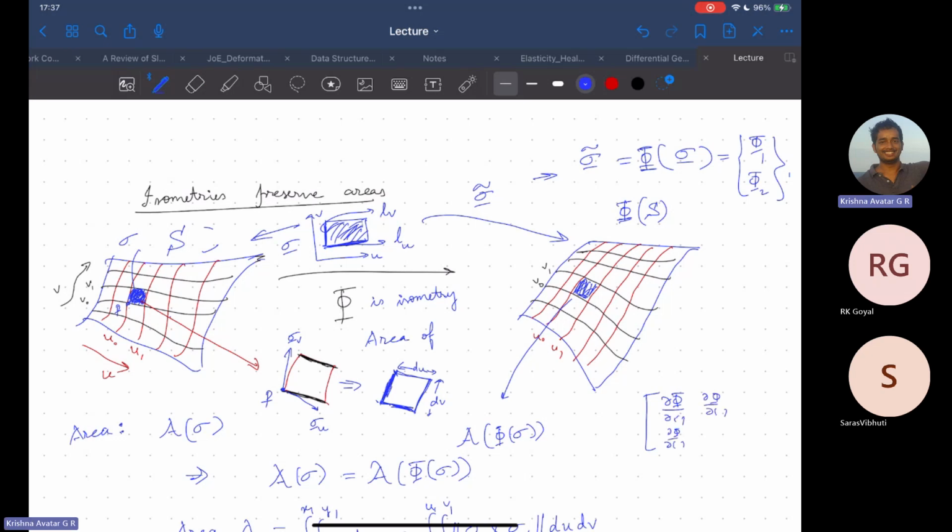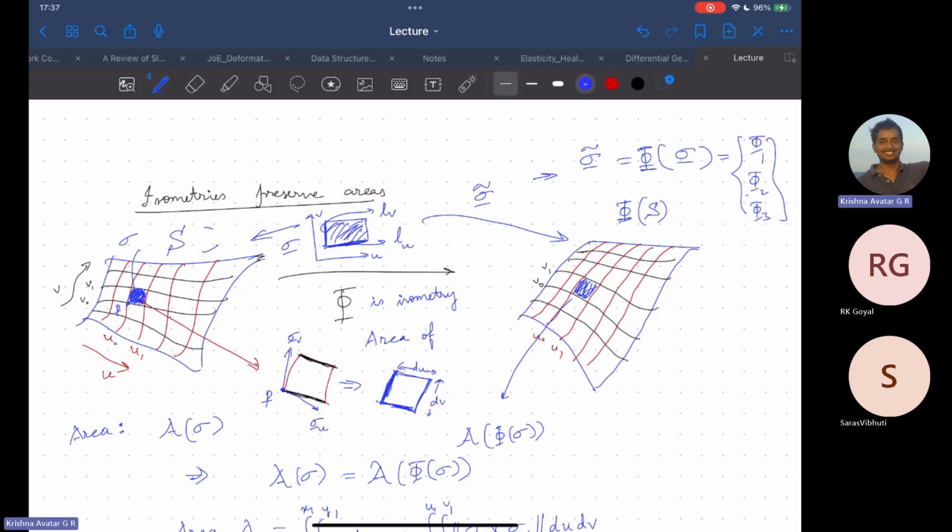In this case we'll also have a Jacobian, so it will also be some matrix. And this was not just two valued, it will be three valued because we are mapping from 3D to 3D.